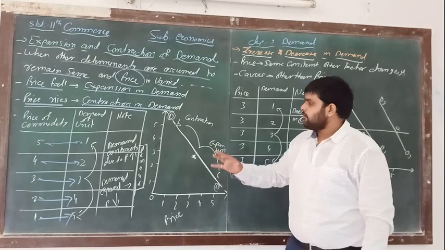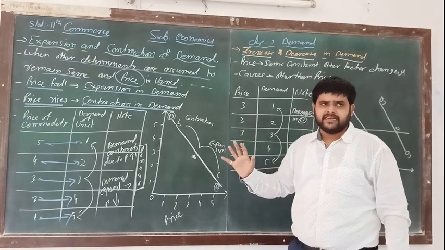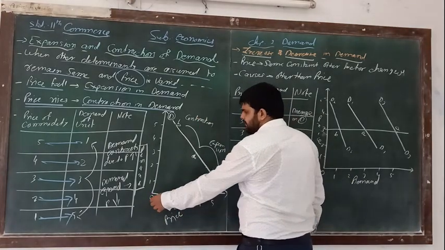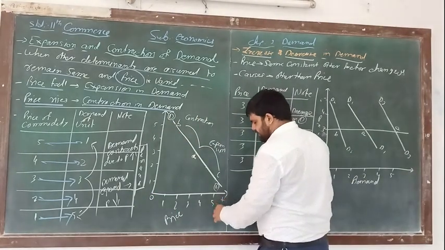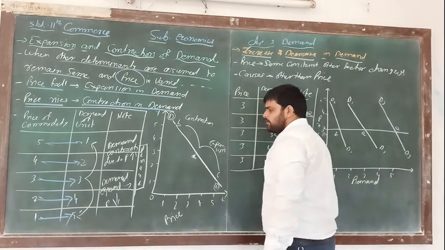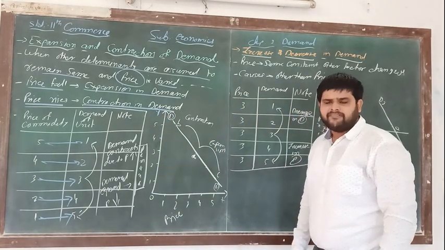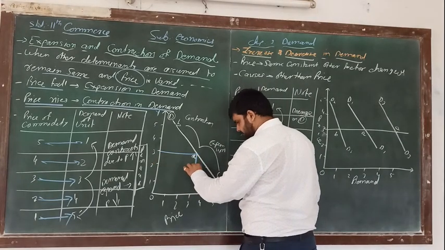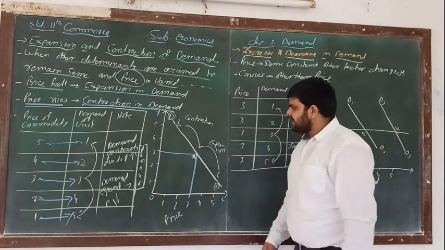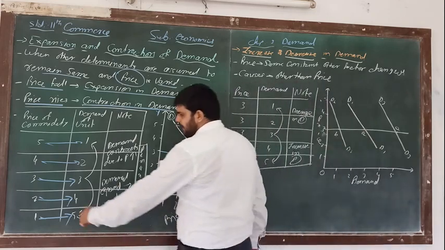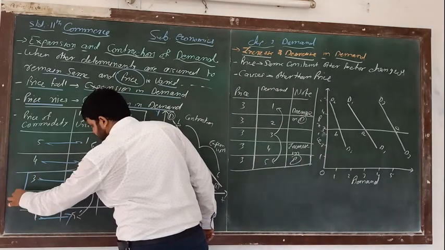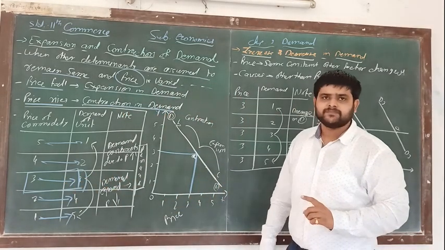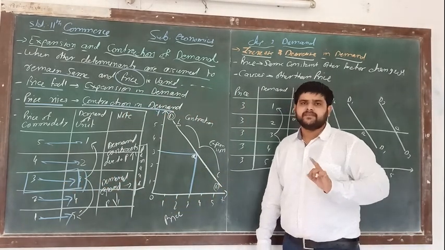Now with the help of a diagram we will understand. Here we have taken price on the y-axis and demand on the x-axis. First, the base price that we can take is 3. That means when the price of that particular goods is 3 rupees, demand is also 3 units.